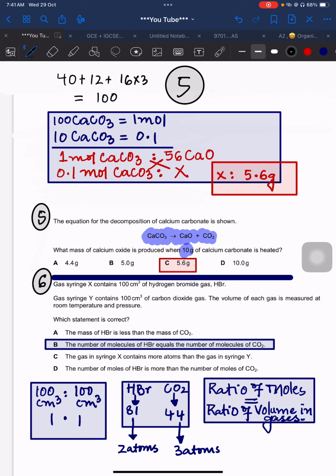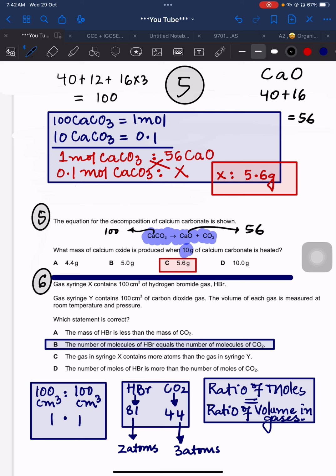In the next step, we can say that 1 mole of calcium carbonate is giving you 56 of calcium oxide. How do we know that it is 56? I'm writing here, it is calcium oxide, which is 40 plus 16, and the total is 56. So this is 56, whereas this is 100.